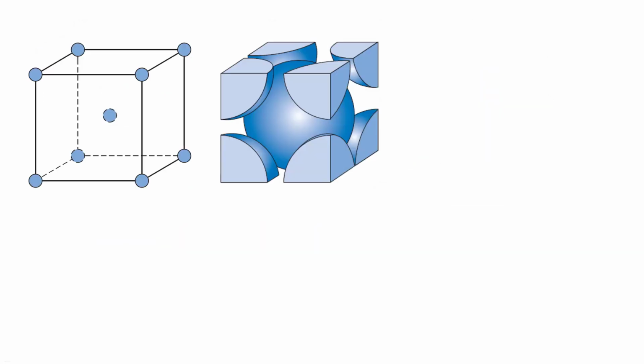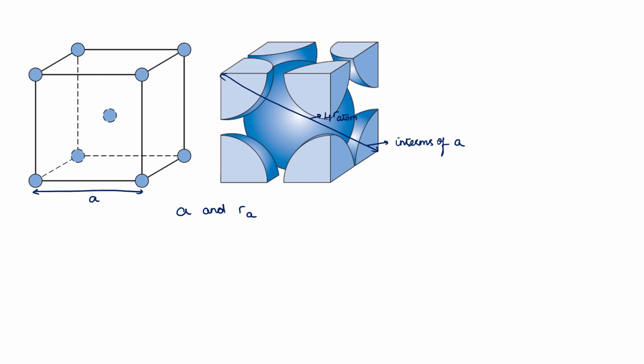Let us find the relation between the lattice parameter a and the radius of an atom. From the hard sphere diagram, we can say that the body diagonal length is equal to 4 times the radius of an atom. So we need to find the body diagonal length in terms of the lattice parameter a.